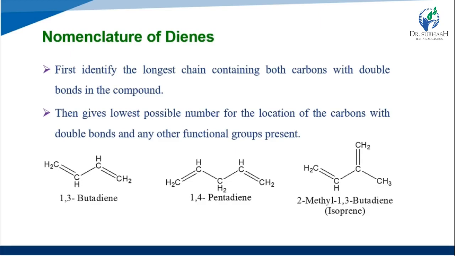Then pentadiene, which has two double bonds and 5 carbons. And then isoprene, that is 2-methylbutadiene. It has 4 carbons in the chain, but a methyl group is attached at the 2 position next to the double bond, so that's called isoprene.